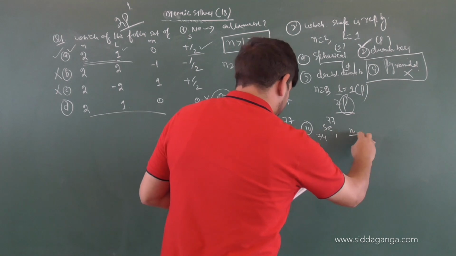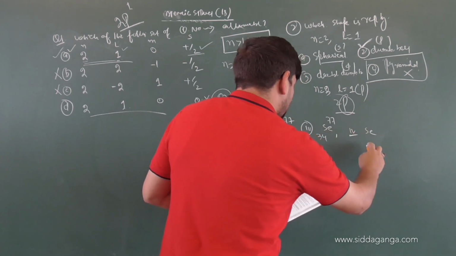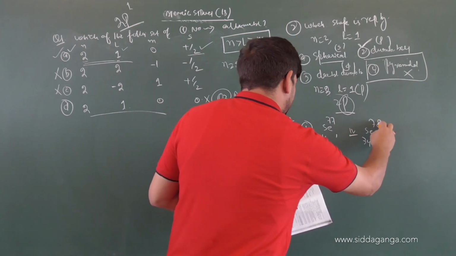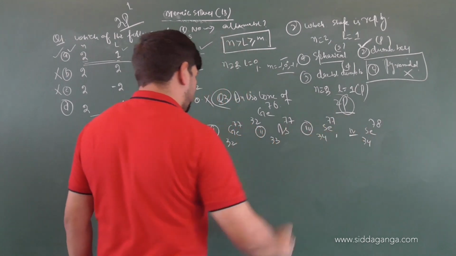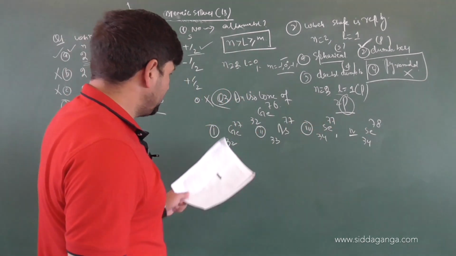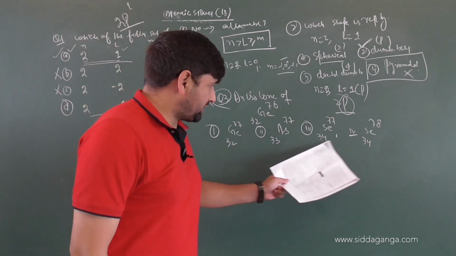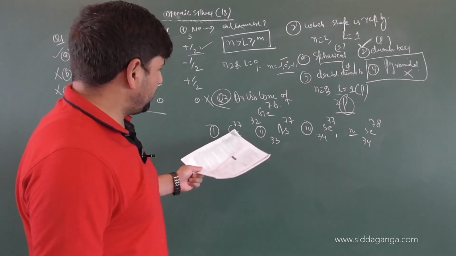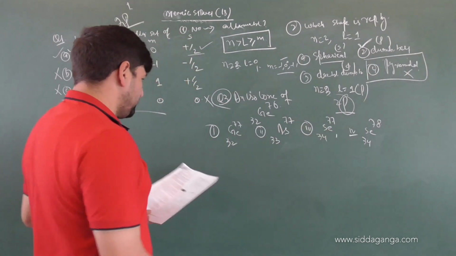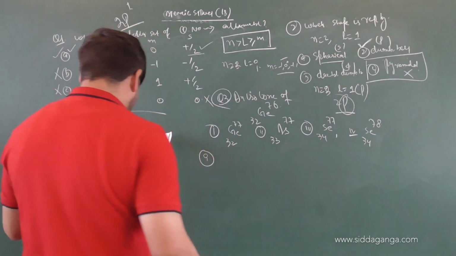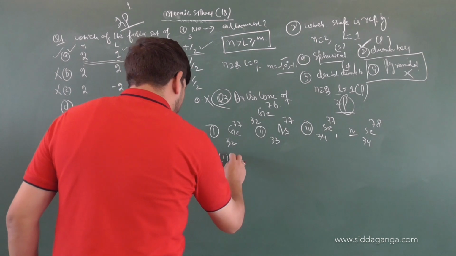And fourth one given to you is selenium 34, 78. These are 4 chemical species given to you. These are 4 atoms, elements given to you: germanium, arsenic, selenium. Atomic number 32, 33, 34, 34. And then you have 77, 77, 77 and 78. Options are A, 1 and 2.